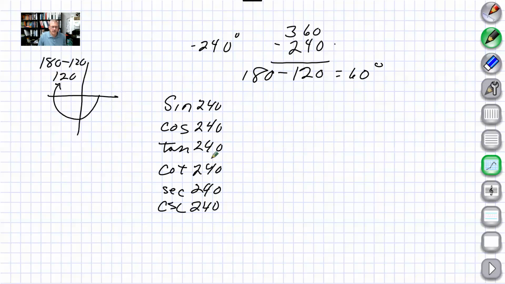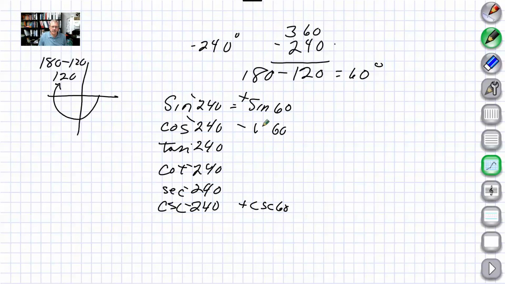And this was negative 240. But we know we don't want to go down to the 120. That's the same thing as 60. So the sine is 60. We're in the second quadrant. That's going to be positive. And so is the cosecant. But all the rest, 60, 60, 60, these are going to be negative.